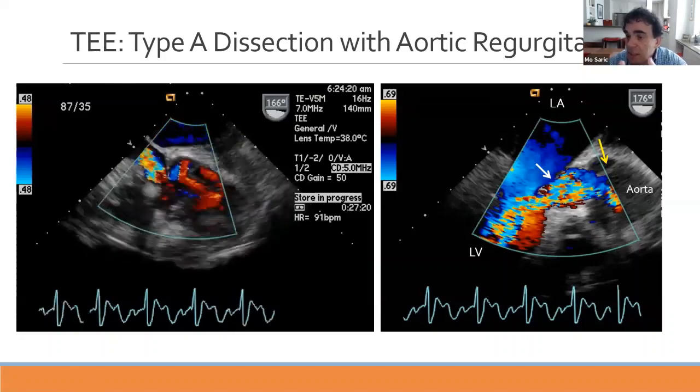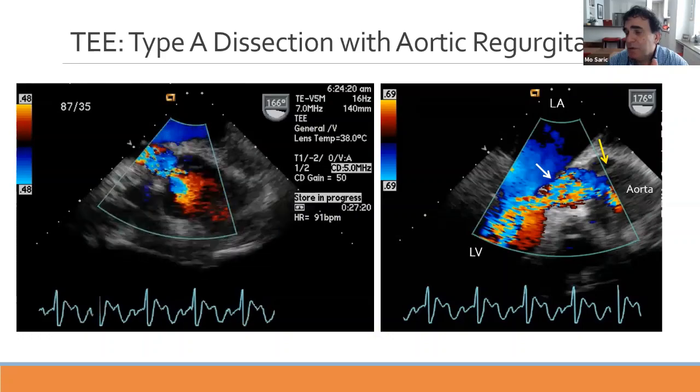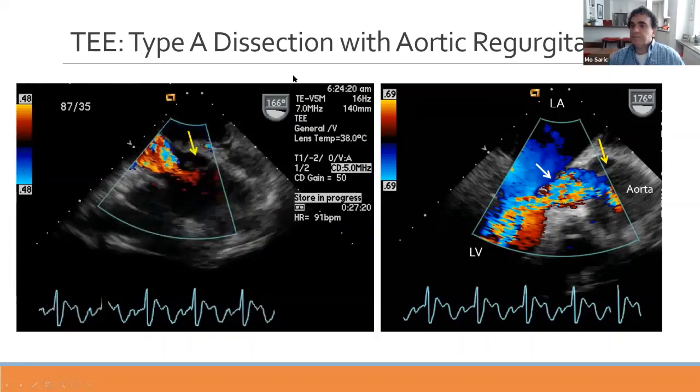The others could result from the destruction of the aortic valve by the dissection flap itself, or from dilatation of the aortic root separating the leaflets, and in that case it is similar to the mechanism of aortic regurgitation with aortic aneurysms that we discussed earlier. Again, you can see the yellow arrow points to the dissection flap consistent with type A dissection.